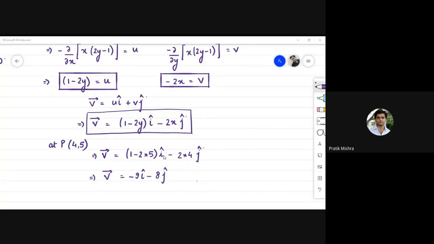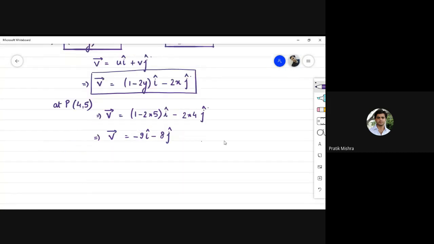Taking the modulus, this is your velocity vector. Taking the modulus of this velocity vector, so root over minus 9 का square plus minus 8 का square.